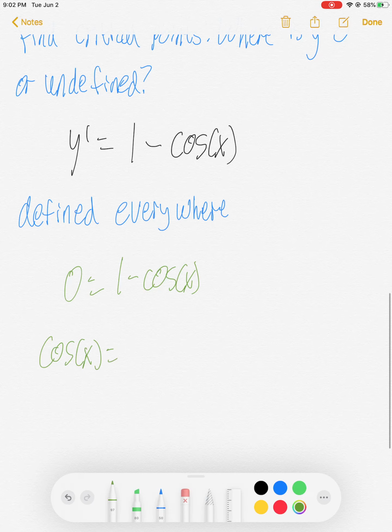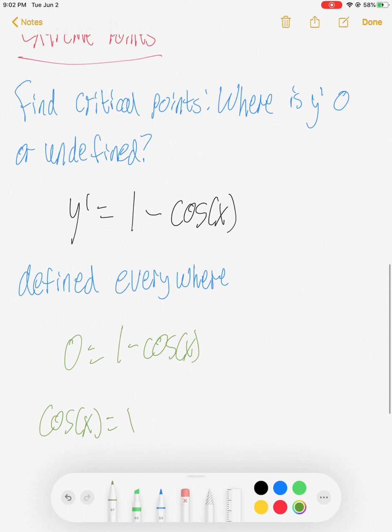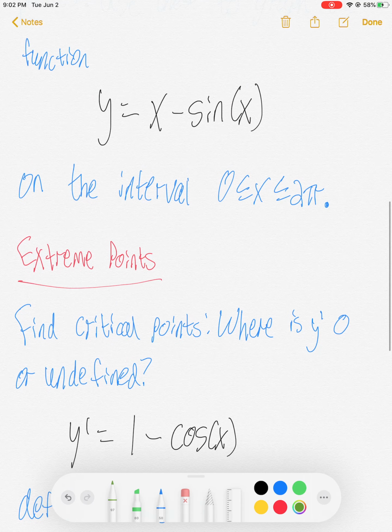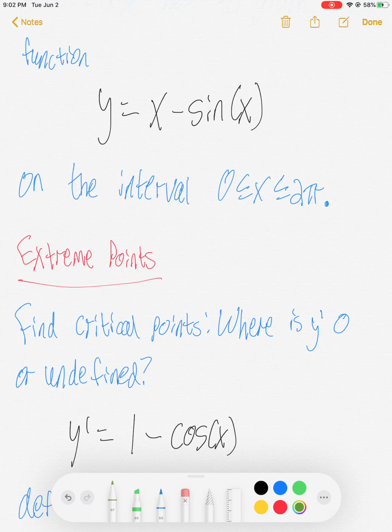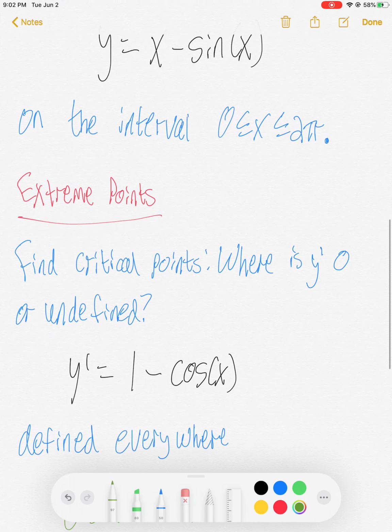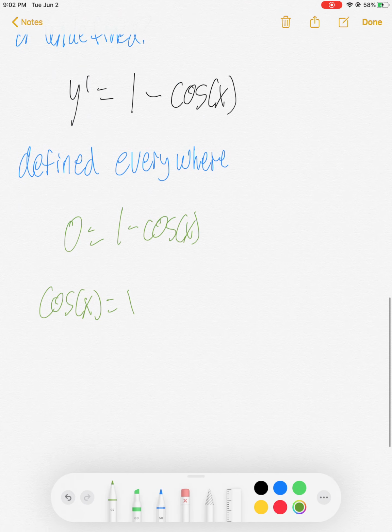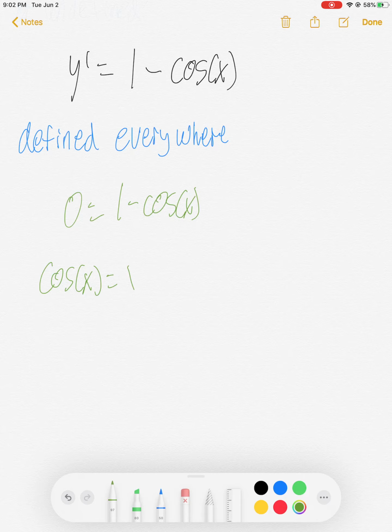So let's see. So let us set 0 equals 1 minus cosine of x. Well, that's the same as cosine of x equals 1. And let's see, we're in the interval. Okay, this is why they're restricting the interval.